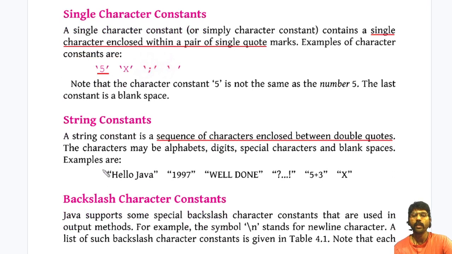Now, one is called a string constant. A string constant is a sequence of characters enclosed between double quotes. We have here hello Java.